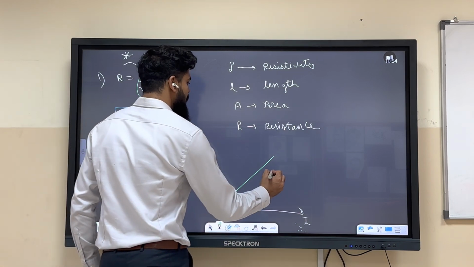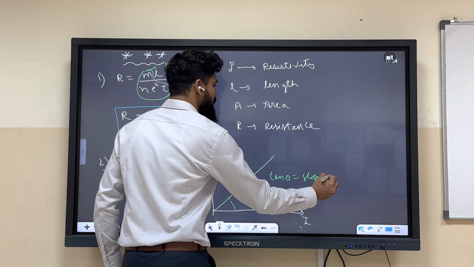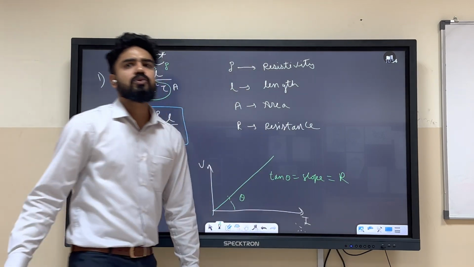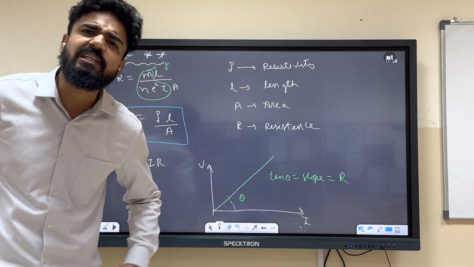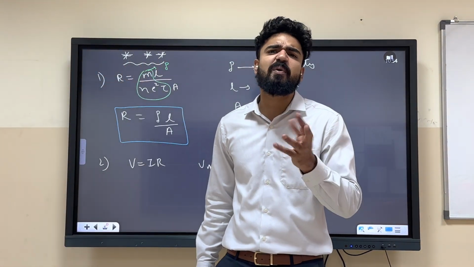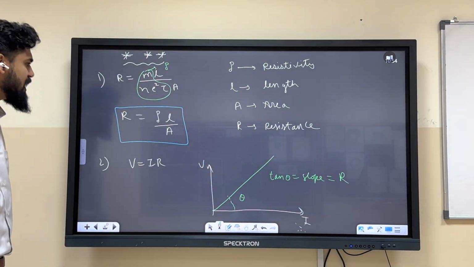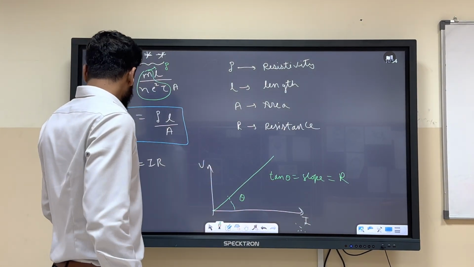If this angle is theta, then tan theta is your slope, which is nothing but R. So if the graph is given and theta is given, let's say 30 degree, tan 30 degree is 1 upon root 3. 1 upon root 3 is your resistance. They can give you the graph and ask what the resistance is.